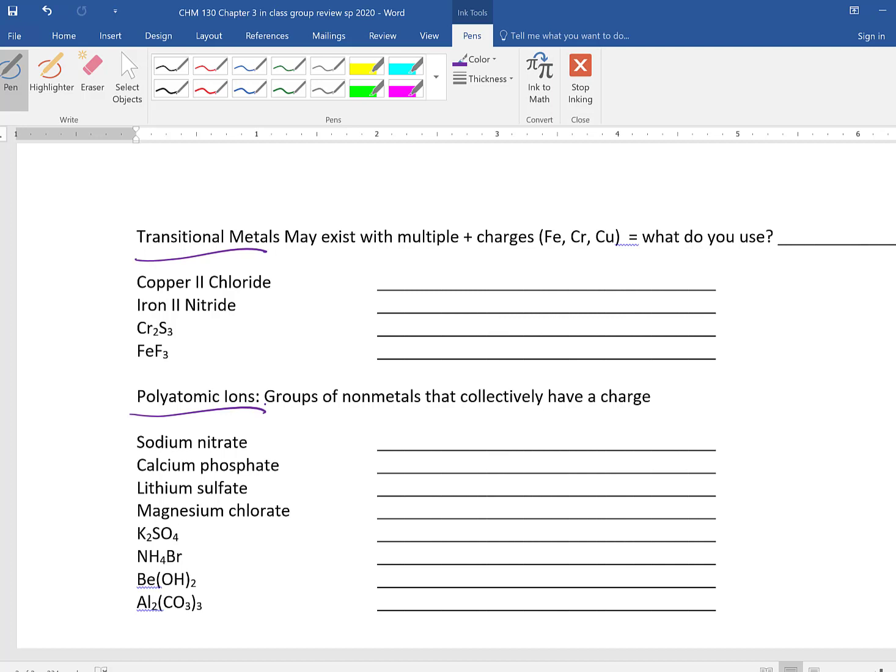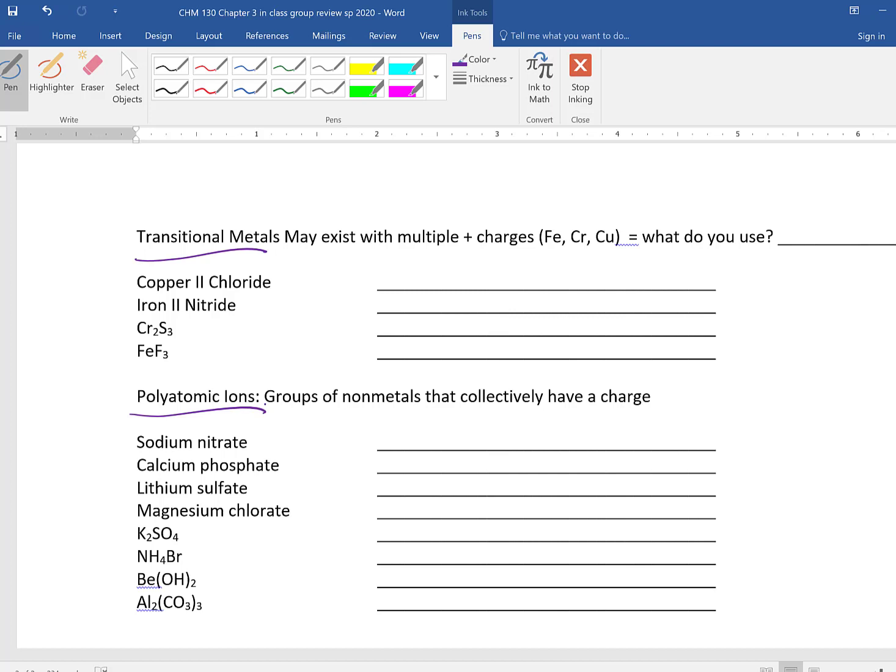Because they're in that group that drops down, the transition group, that allows them to lose varying numbers of electrons and create stability. So if you just said copper chloride, you wouldn't know which copper form you're talking about. That's where the Roman numerals come in. You use a Roman numeral, and that tells you the charge on the metal.